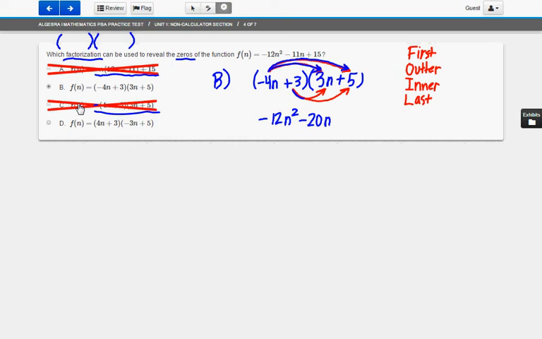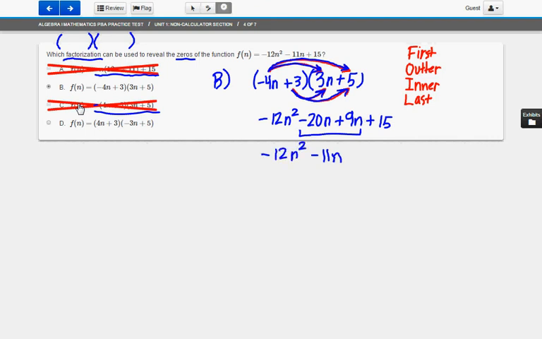The inner product, 3 times 3n, that's 9n. And then the last product, 3 times 5, is 15. And when we combine the two n terms, negative 20n plus 9n adds up to negative 11n.